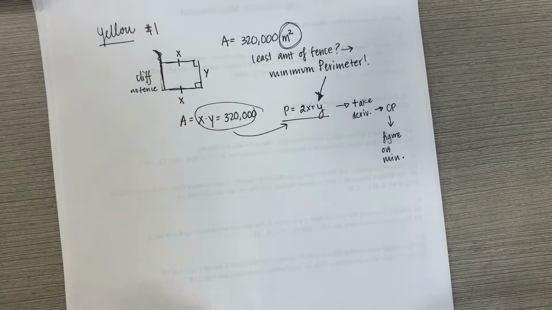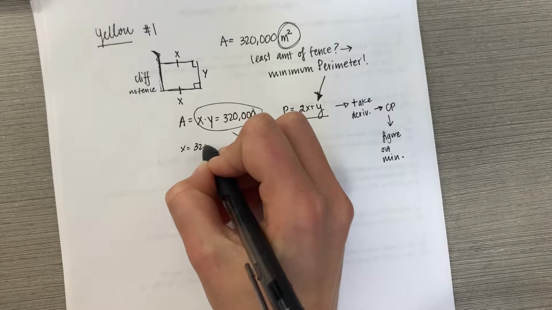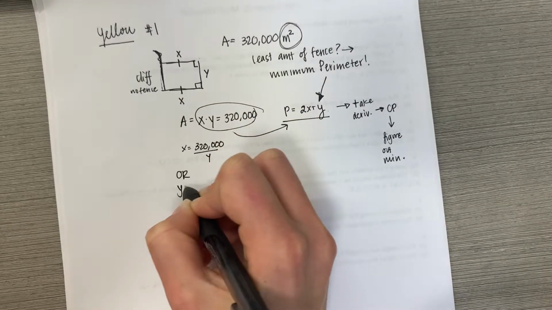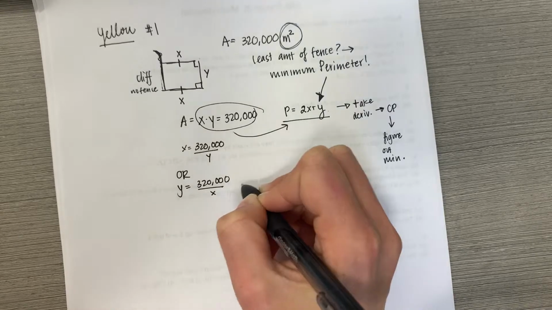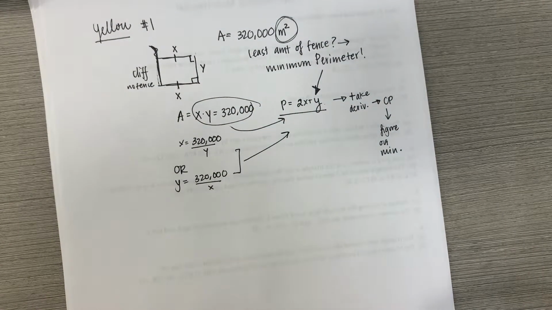It is totally up to you which one you would like to dunk in. You could make it say x equals 320,000 over y, or y equals 320,000 over x. Plug these back in. It's totally up to you.